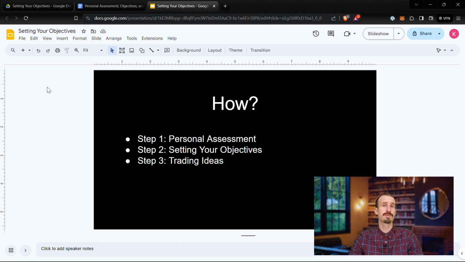Okay, so how are we going to do this? I've broken it down into 3 steps. The first step is a personal assessment. This is much like a SWOT analysis of yourself to understand who you are. We're going to talk about your strengths, weaknesses, opportunities, and what might be holding you back. Step 2 is to define our objectives.